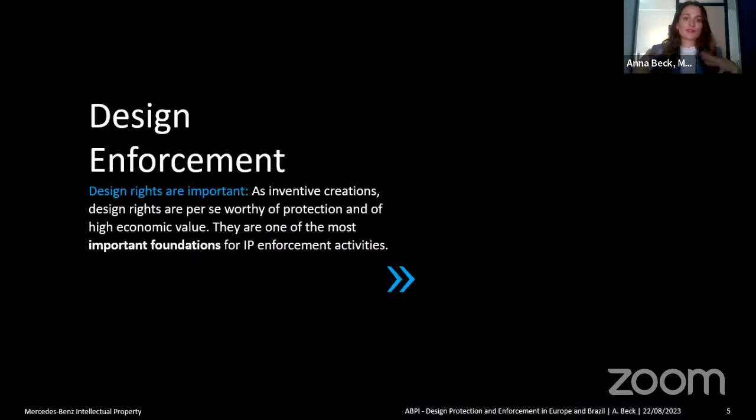To sum these slides up, we can agree that design rights are per se worthy of protection and of high economic value. Moreover, they are one of the most important foundations for enforcement. On the following slides, I will show you why.